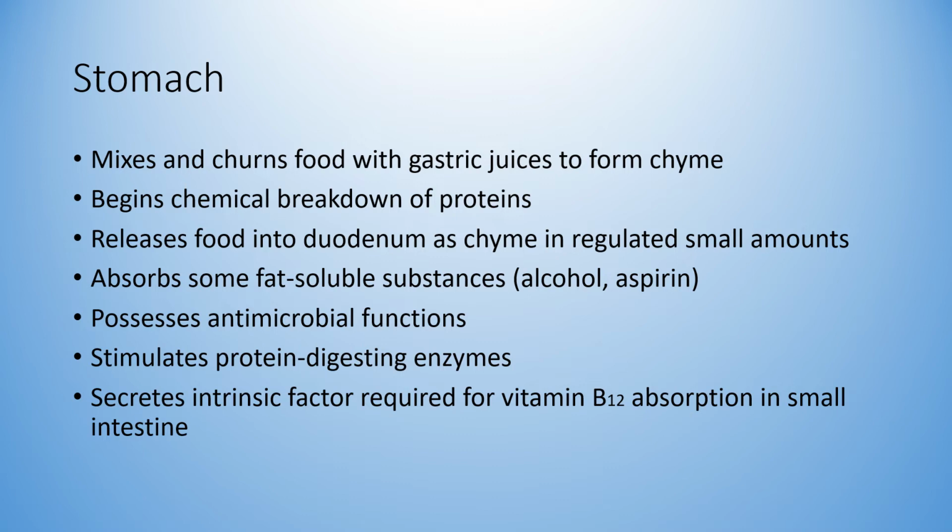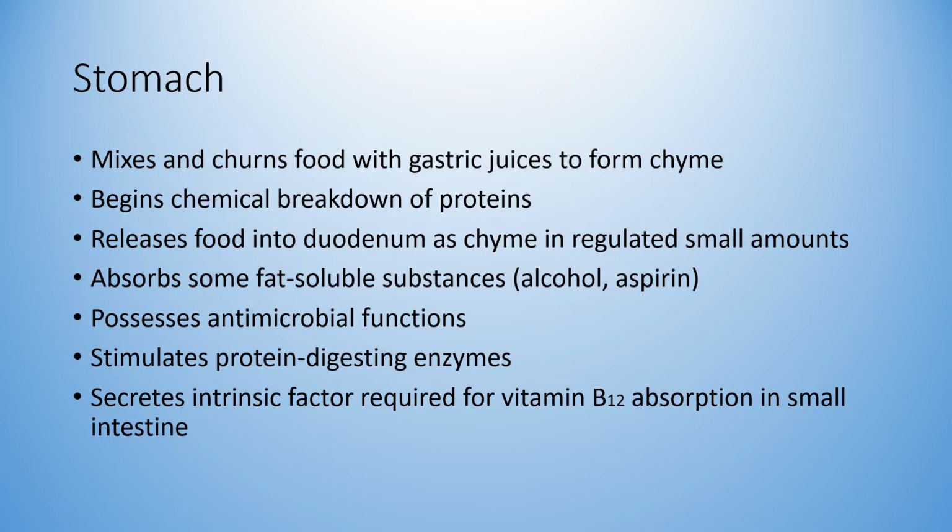What will happen is it's going to be mixing and churning, and then slowly the chyme is going to be released from the stomach in very small, very controlled, regulated amounts into the opening of the small intestines.